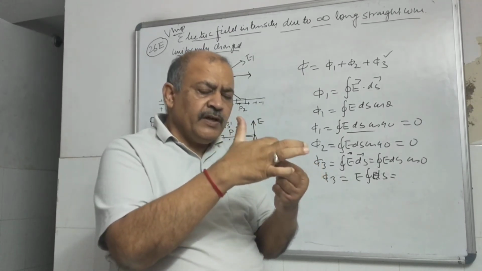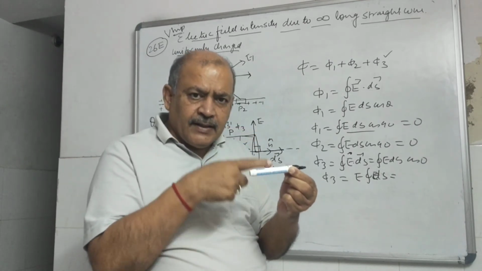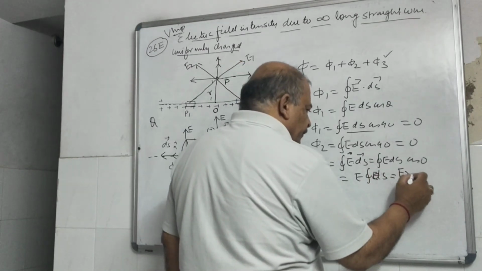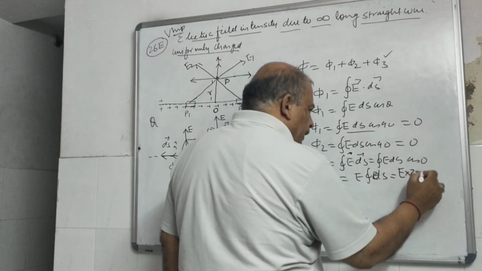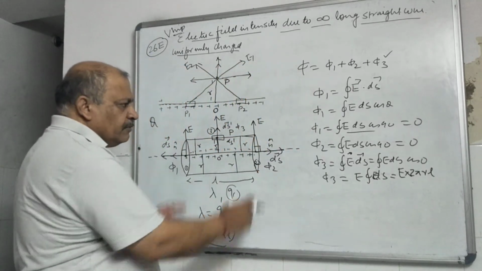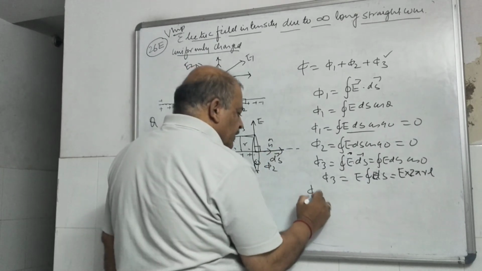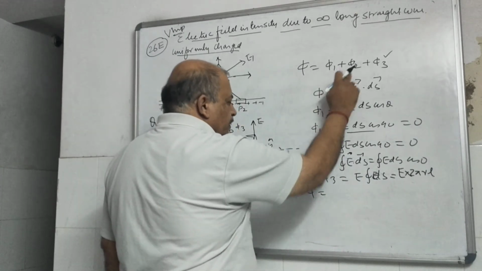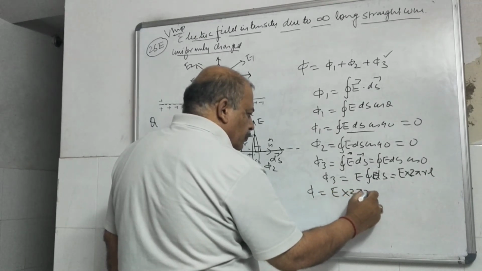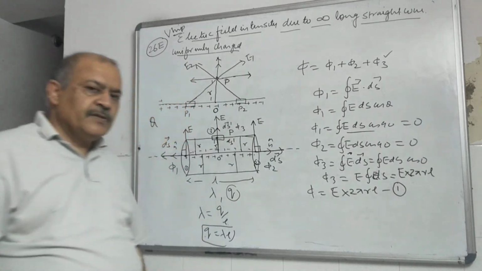This is pi r square, this is pi r square, this is 2 pi r h, the curved surface. So this will become E into 2 pi r, in place of h, you will be taking length of this cylindrical Gaussian surface. So what will be the net flux? This is 0, this is 0, this we got E into 2 pi r. You can give this equation first.